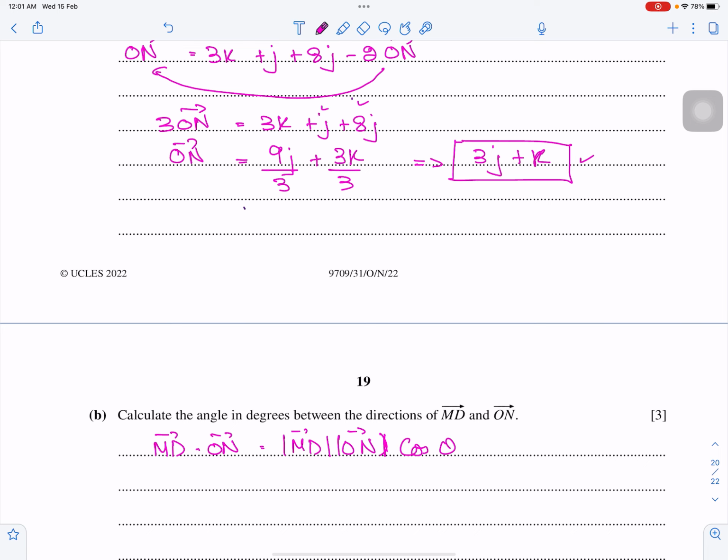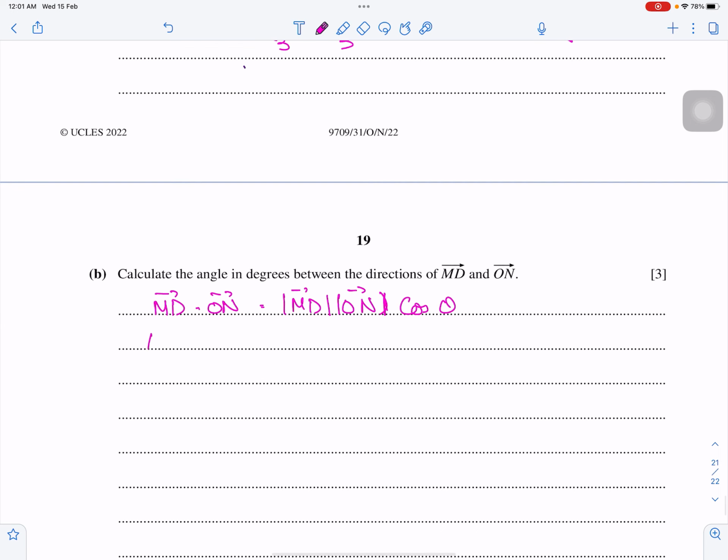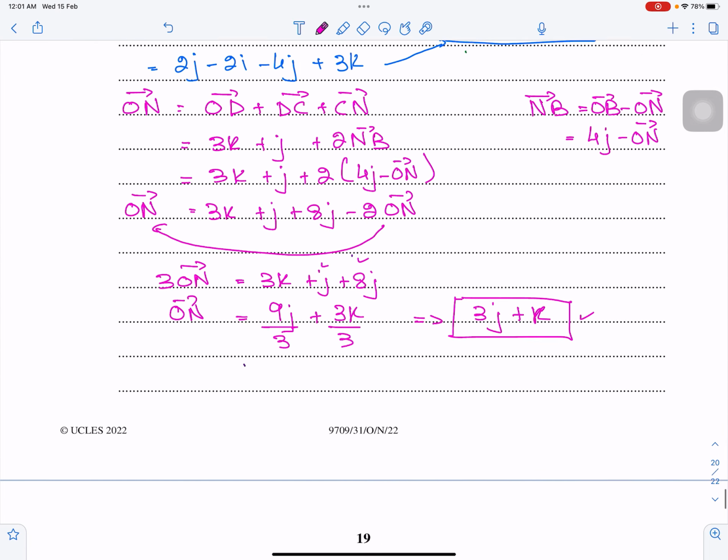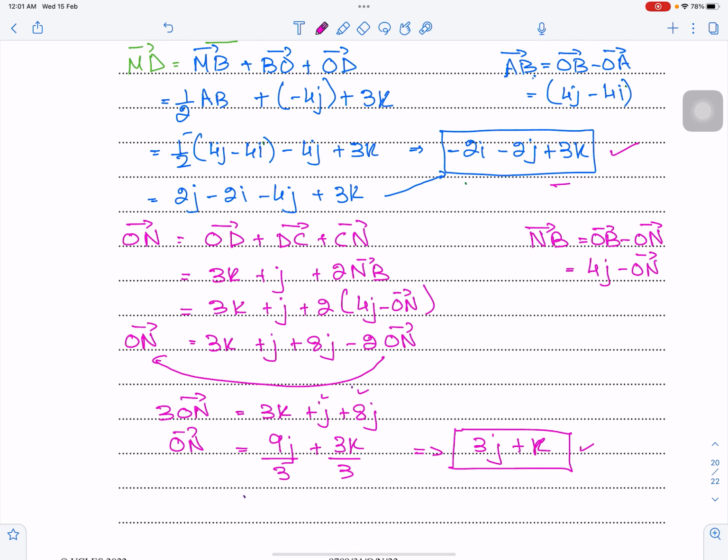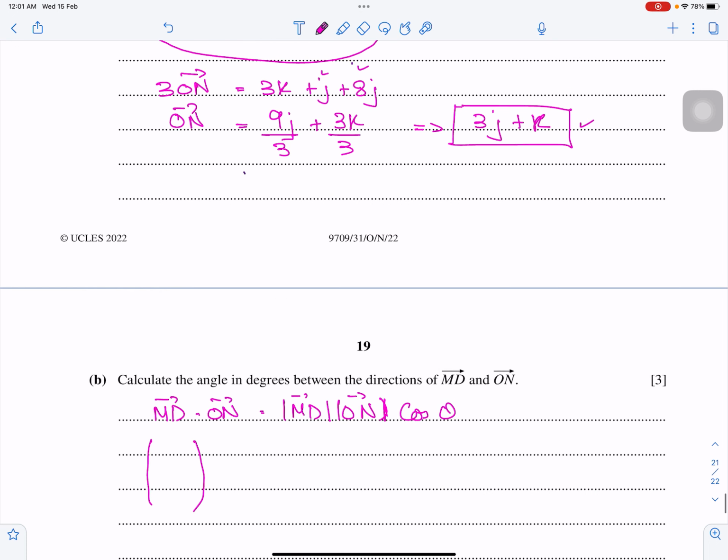So let's write down the vector here. Vector MD we have calculated, which is -2, -2 and 3. And vector ON is here; I is not here, so 0, because you see there is no I here. 0, 3 and 1, right?